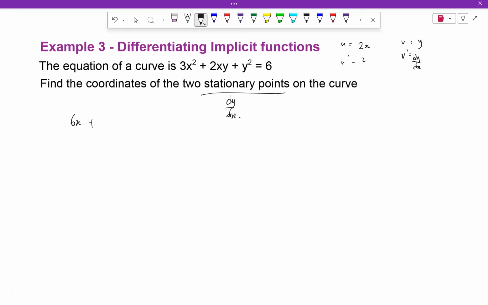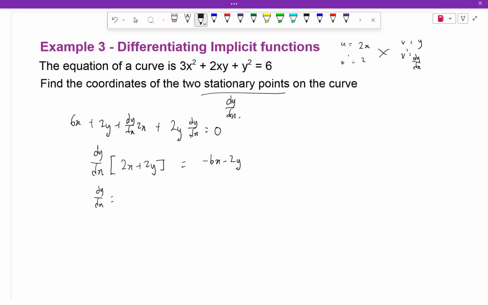So it becomes 2y plus dy dx times 2x, plus what we normally differentiate with a dy dx added, which equals 0. Factorize it. We have to factorize it, we cannot do anything else. So it becomes 2x plus 2y equals -6 minus 2y dy over dx. That's the same as -6 minus 2y over 2x plus 2y.